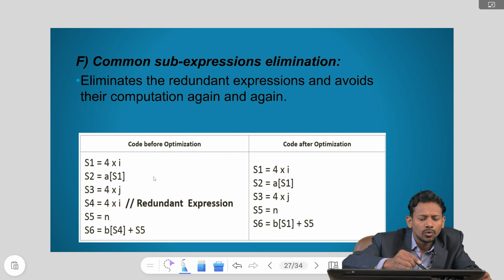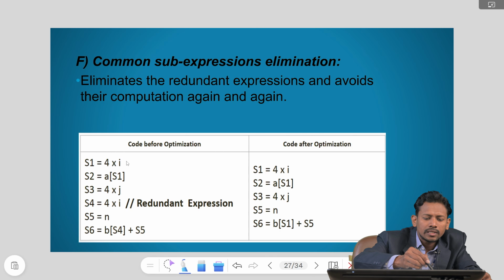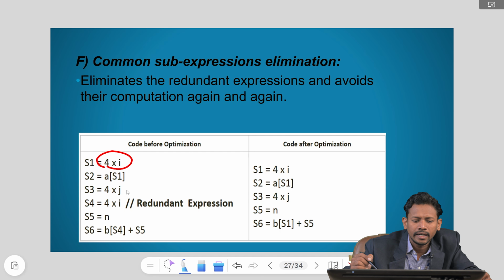Statement 1 is S1 equals 4 into I, statement 2 assigns A of S1, statement 3 is 4 into J, statement 4 is S4 equals 4 into I. This common sub-expression, 4 multiplied with I, you can find as a redundant expression, a small unit of the expression which is repeated in our code.